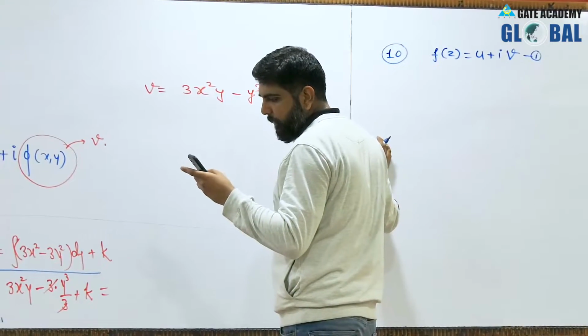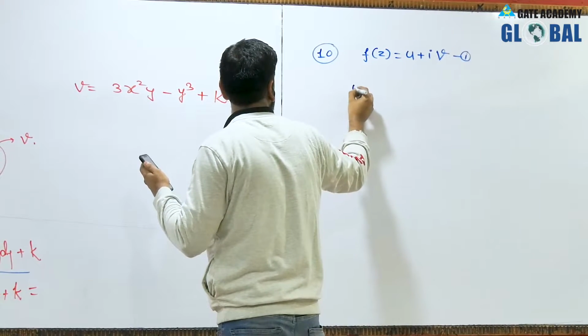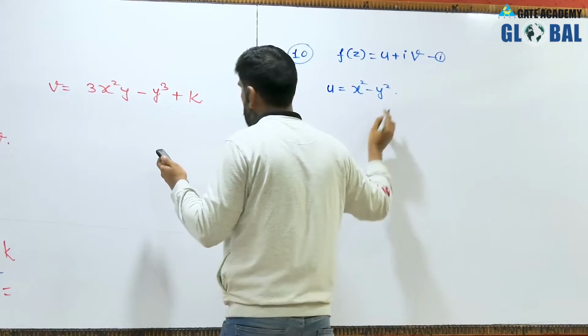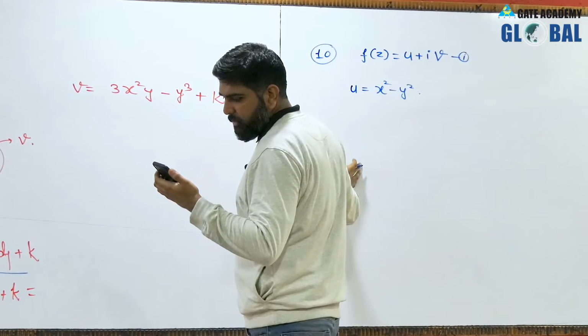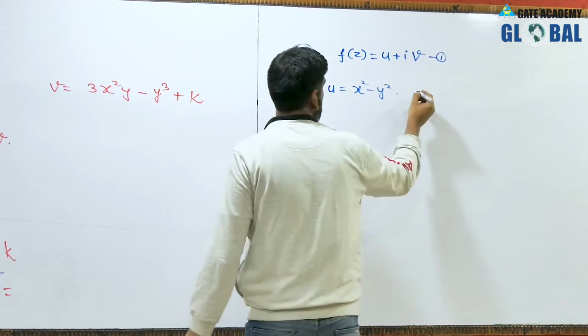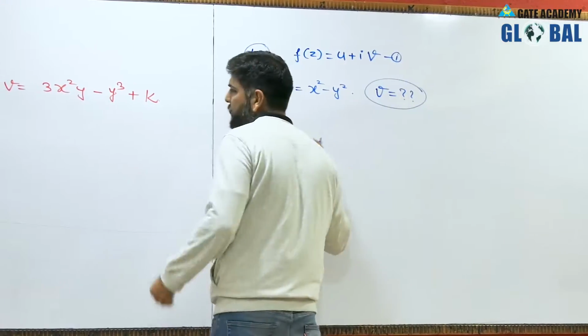Now in question number 10 it is given that u is x square minus y square plus a general constant c, and v is the question mark.